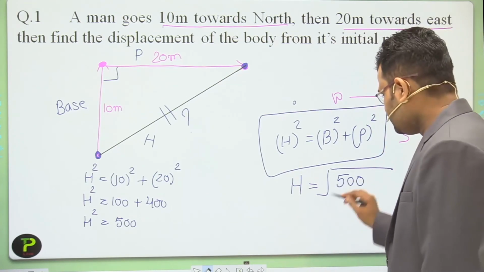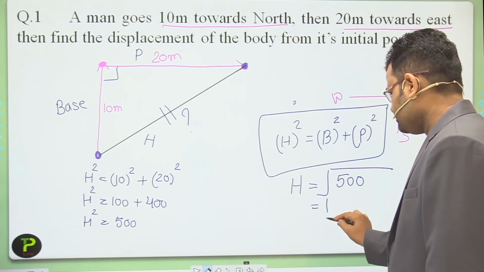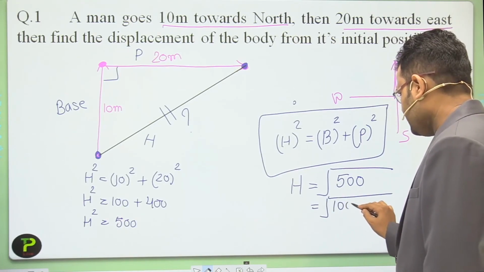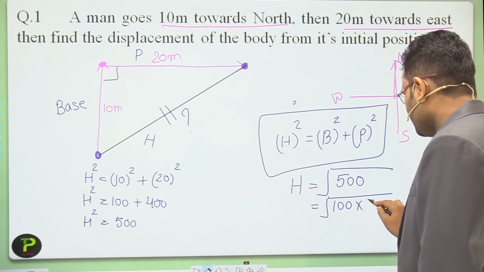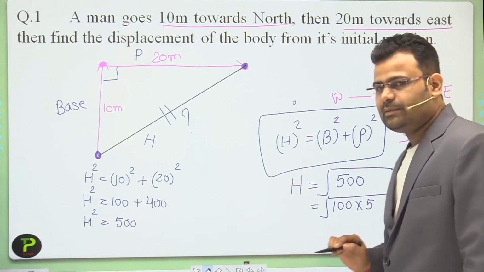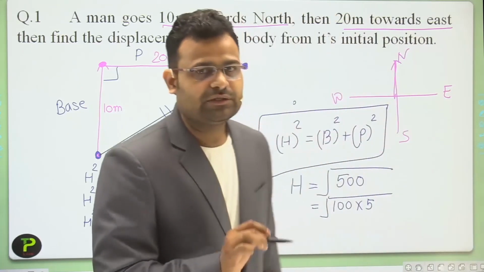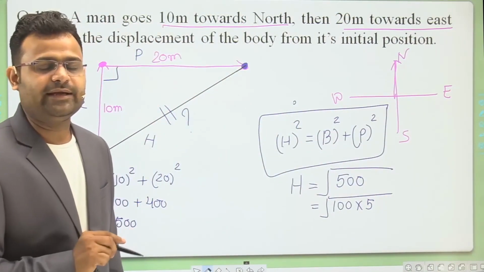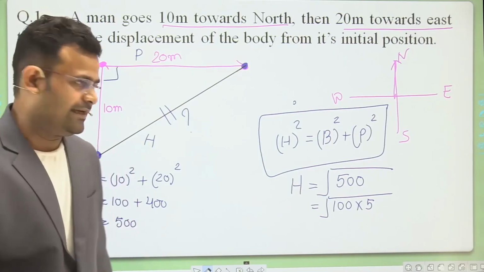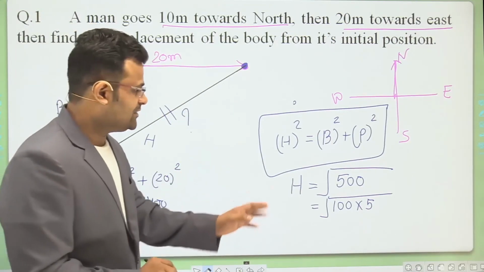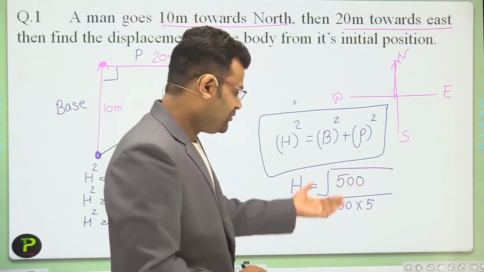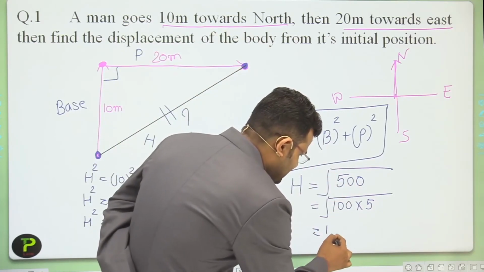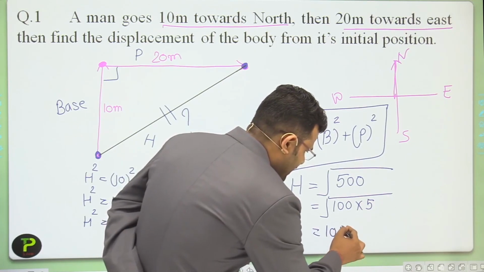So dear students, we can change them. That is completely mathematics. Root 500 is root of 100 multiplied by 5. Why do we use 100 multiplied by 5? Because the root of 100 is 10. We know that the root of 100 is 10 and the root of 5 stays root 5.